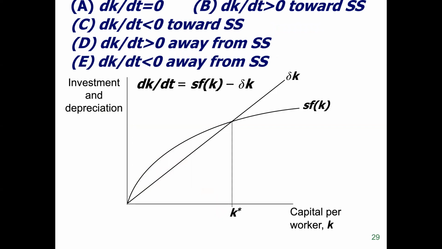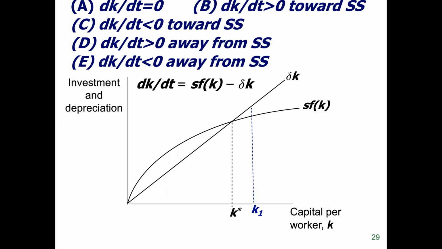So let's do a clicker question here. Suppose instead of K1 being at a lower level of capital per worker, suppose it's at a higher level of capital. What is going to happen? Are we going to have dk/dt equal to 0? Are we going to have dk/dt greater than 0 and move towards the steady state?